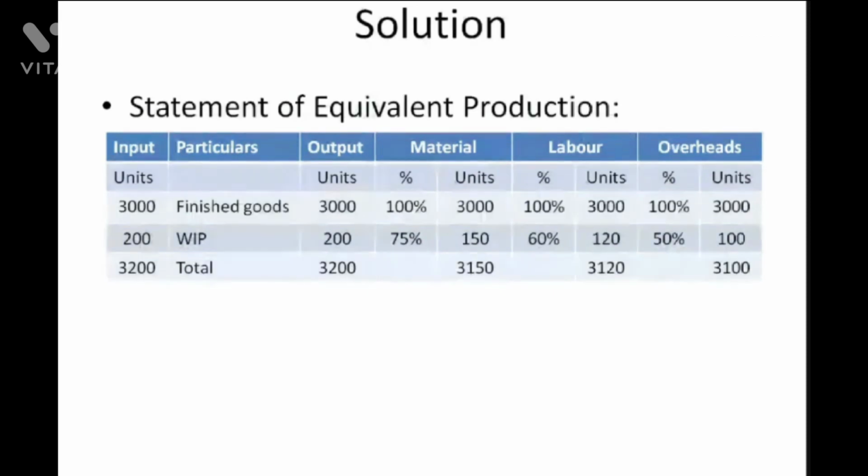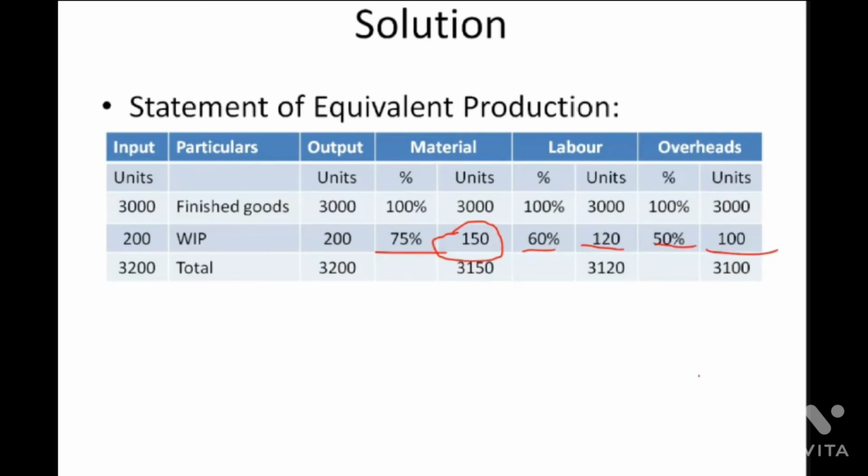Then WIP, work in progress: 200 units in total, but it is completed 75% from the material point of view. So 150 units are completed. How this 150? It is 75% of 200. In the same way, this is 60%, and this is 120. This is 50%, and this is 100.